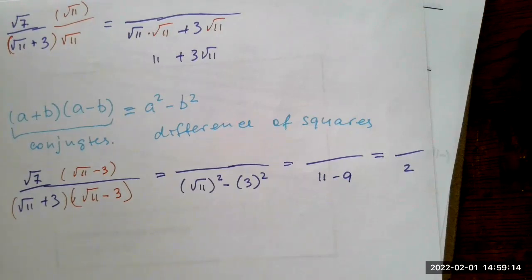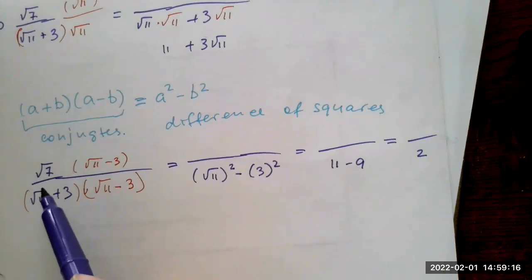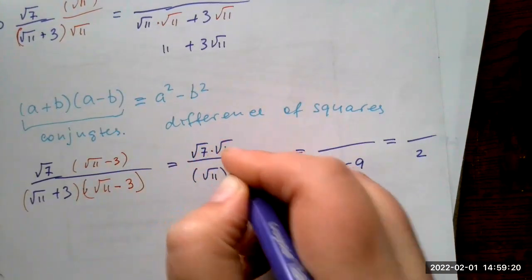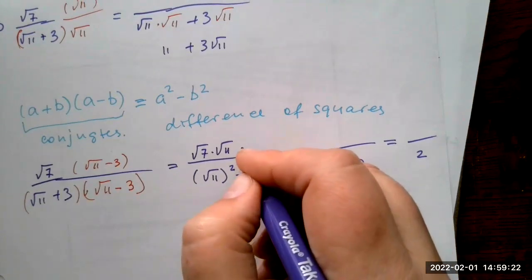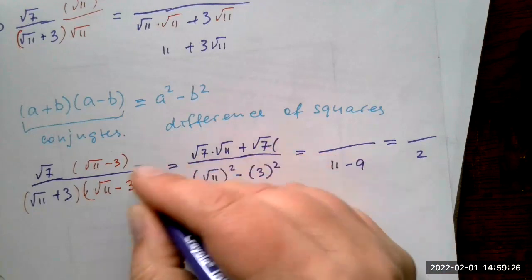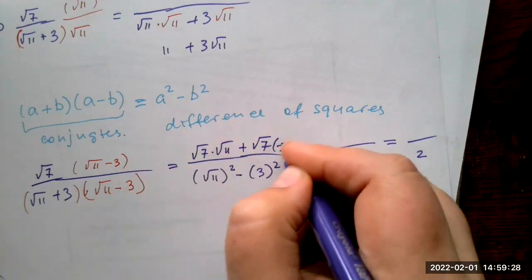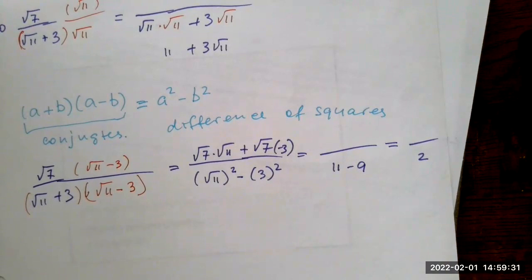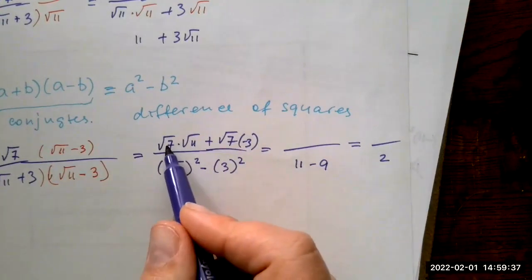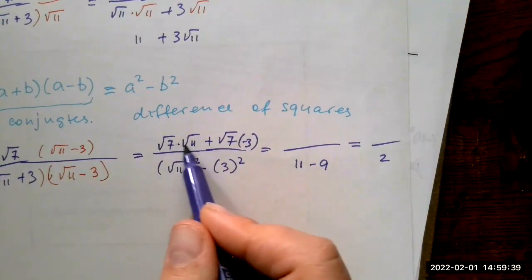Now let's see what happens in the numerator. In the numerator, we have root of 7 times root of 11, plus root of 7 times a negative 3, or minus 3 times root of 7. Okay, so we can put root of 7 and root of 11 under the same root.